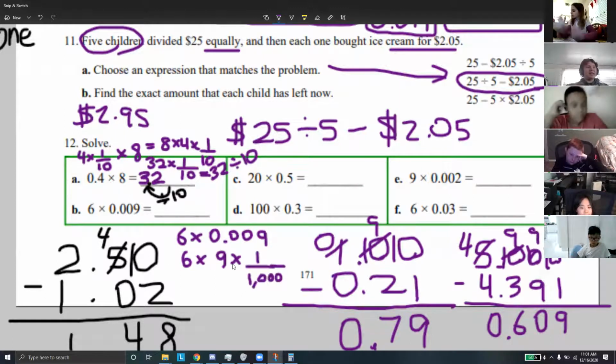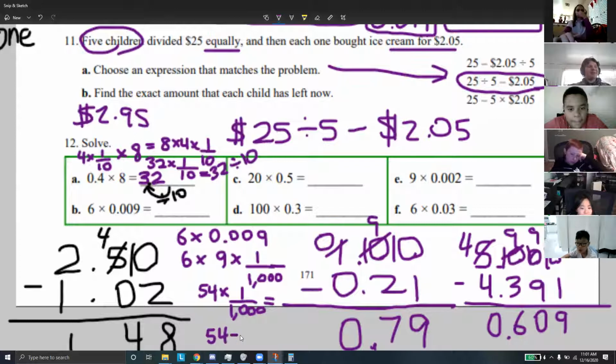And so 6 times 9 is? 54. 6 times 9, you use the trick, 54. So 54 times 1 over 1,000. And 54 times 1 over 1,000 is the same as 54 divided by 1,000.